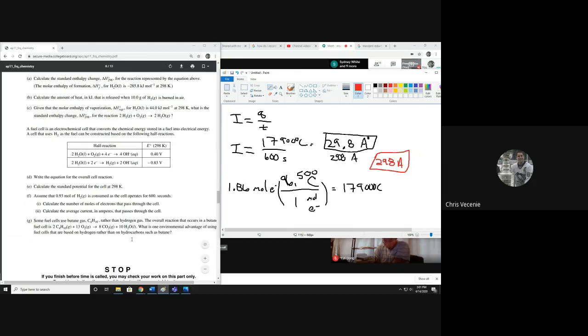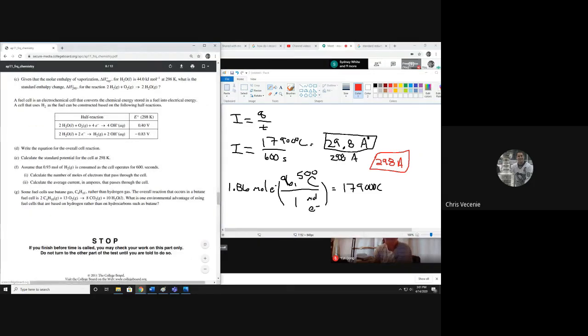All right, and G is just one of those random questions that sometimes they drop in. Some fuel cells use butane rather than hydrogen. The overall reaction that occurs in butane is listed there, like a standard combustion reaction. What's an environmental advantage of using hydrogen as opposed to a hydrocarbon such as butane?